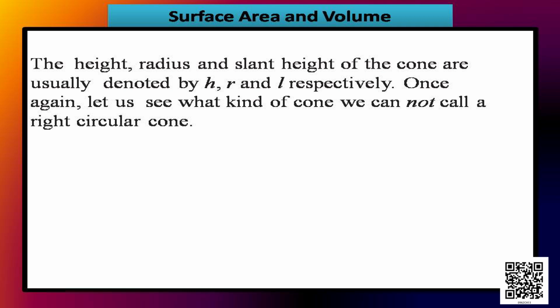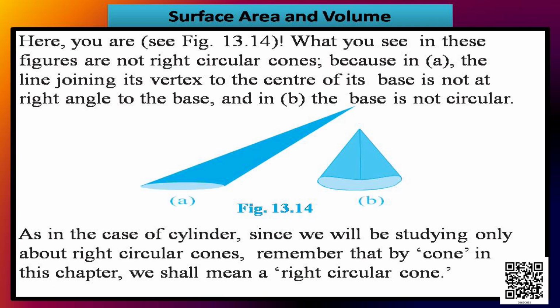Once again, let us see what kind of cone we cannot call a right circular cone. What you see in figure 13.14, these figures are not right circular cones because in A, the line joining its vertex to the center of its base is not at right angle to the base, and in figure B, the base is not circular.